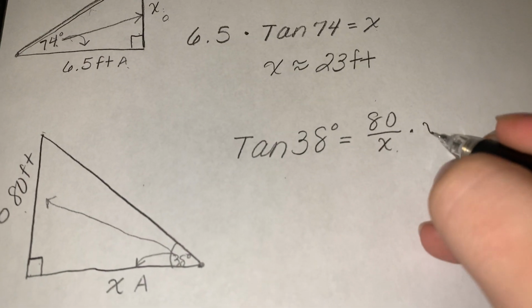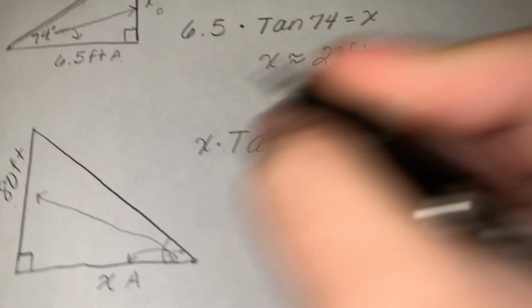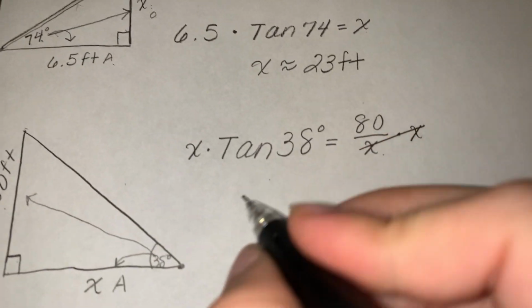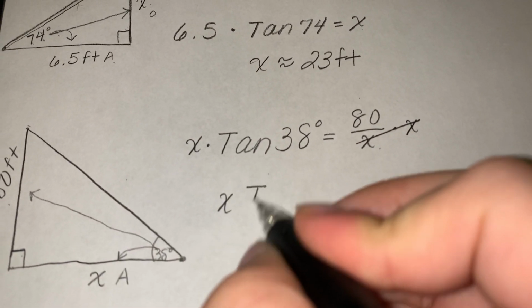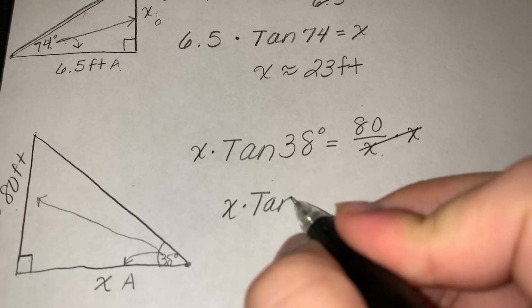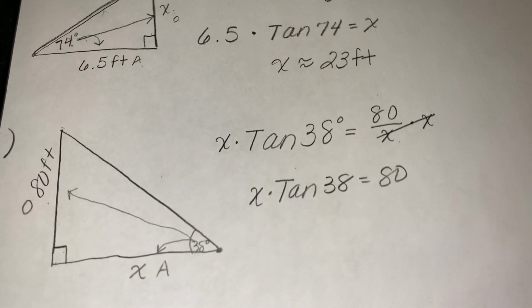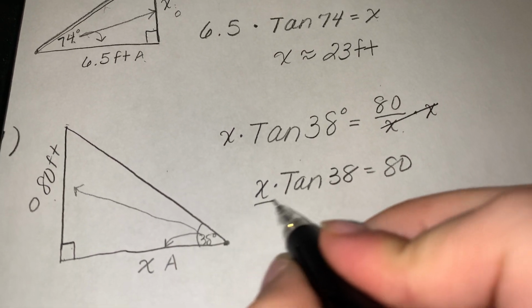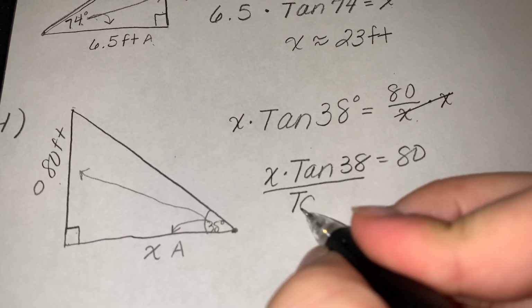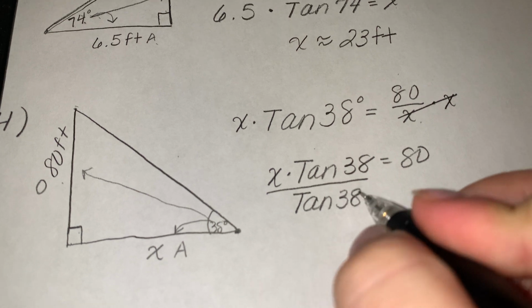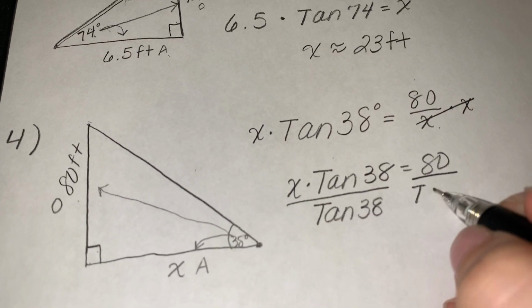So I'm going to multiply both sides by x, and I'm still left with x times the tangent of 38 equals 80. Then I still don't have x by itself, so I need to divide tangent 38 on both sides.